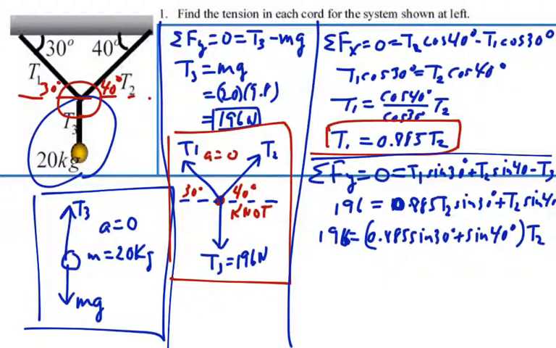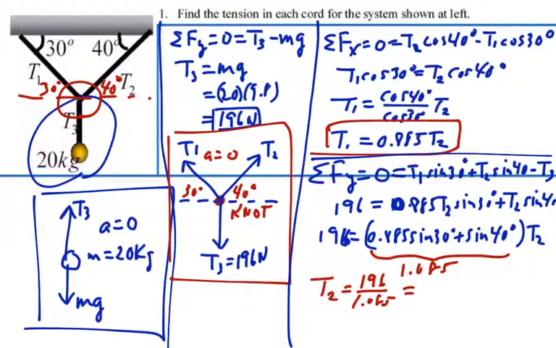If I do that, I get 1.085 for everything that's in the parentheses. So that means that tension 2 is going to equal 196 divided by 1.085.